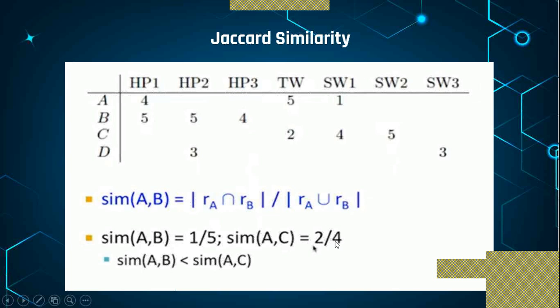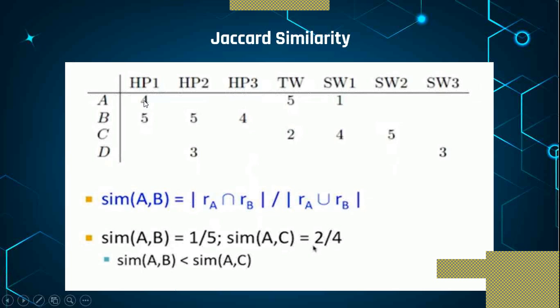For 1 by 5, just consider users A and B. For user A, what are the values in the vector? 4, 5 and 1. For user B, what are the values in the RB vector? 5, 5 and 4.